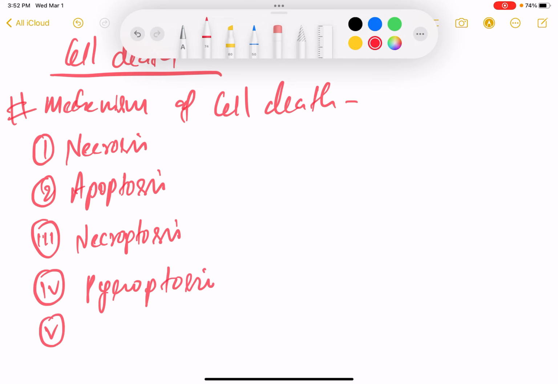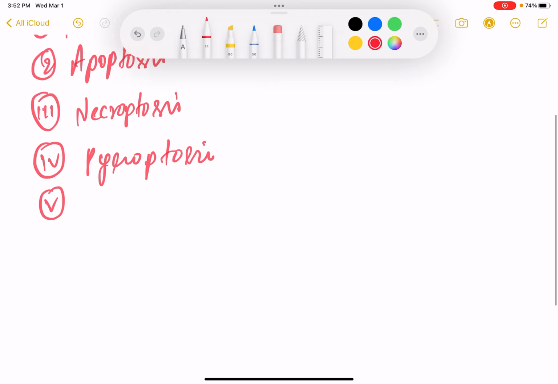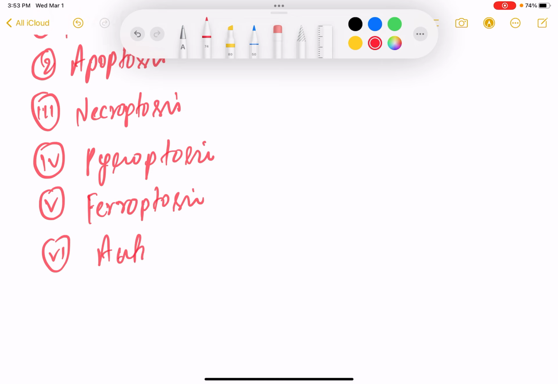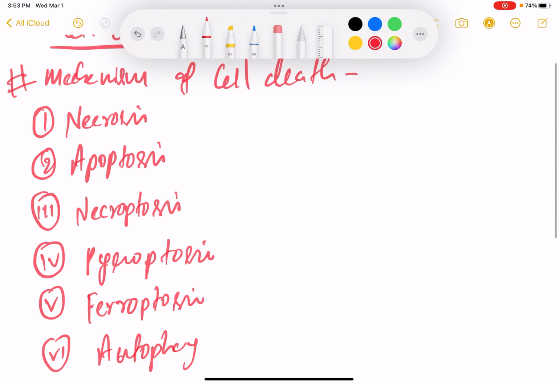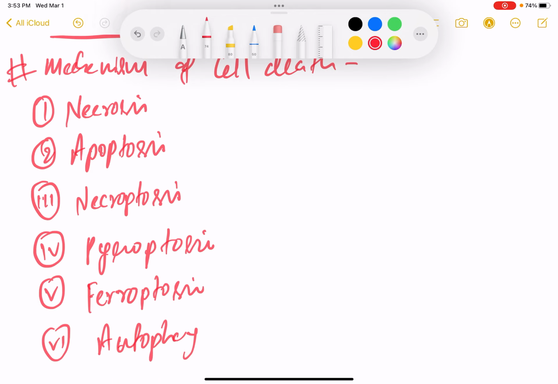The fifth one is ferroptosis. And the last one is autophagy. Of all these mechanisms, today we will discuss only necrosis.